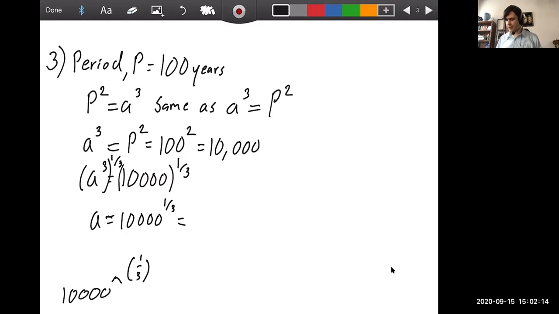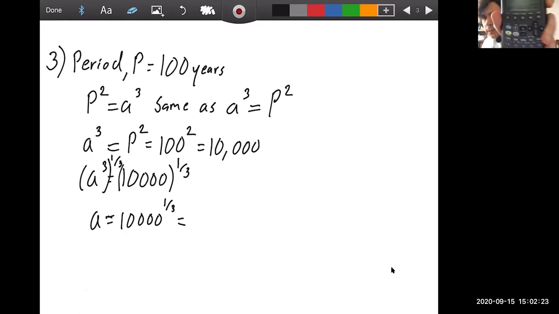So that's what it looked like on your calculator. I don't want to confuse people too much, so I'm going to go ahead and erase that to the 1 divided by 3. So you can see that line right there, 10,000 raised to the 1 divided by 3. I put the 1 divided by 3 in parentheses, so it knows to actually raise it to the 1/3 power.